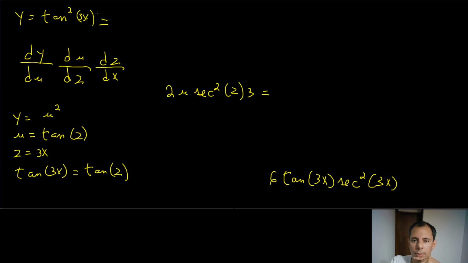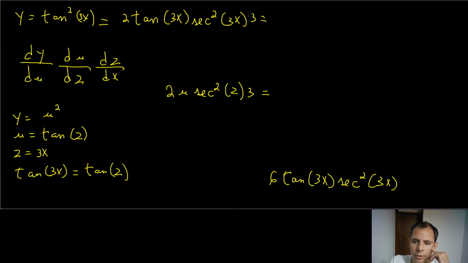So let's do this from the outside in. We're going to do 2 times the tangent of 3x times the derivative of the tangent, which is the secant squared of 3x, times the derivative of the inner function, which is 3.